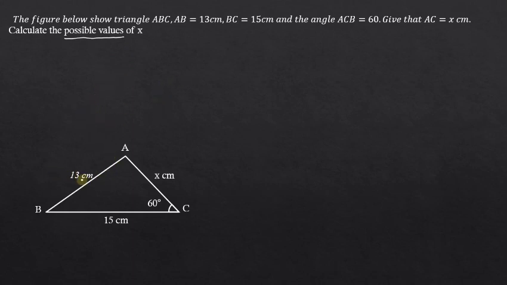We have two sides, one angle, and they ask us to find the third side. The only thing we can use here is the cosine rule, right? So we just take the cosine rule, and you focus on the one with the angle. That's the one we start with first.